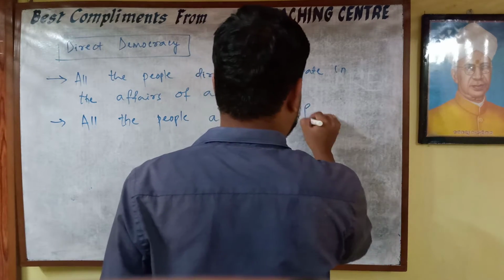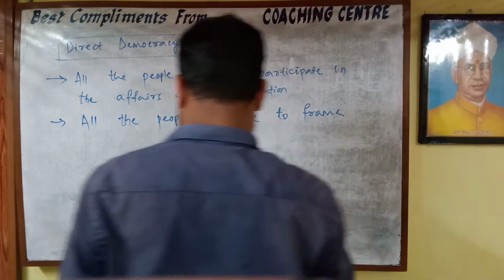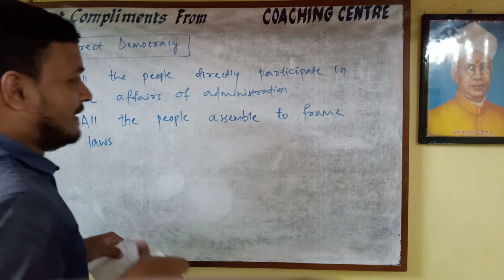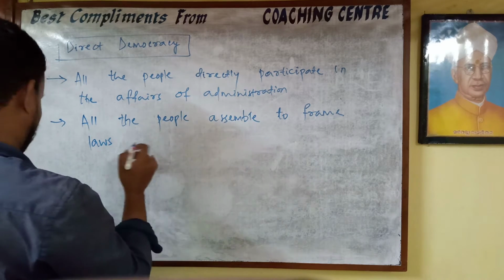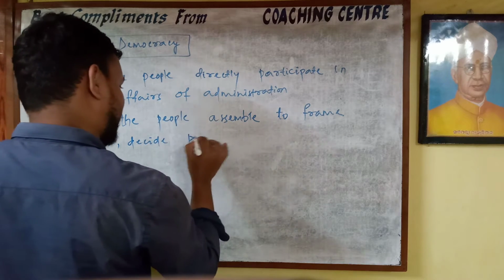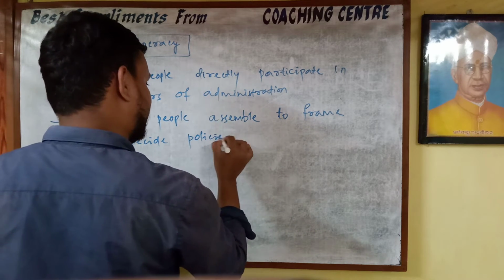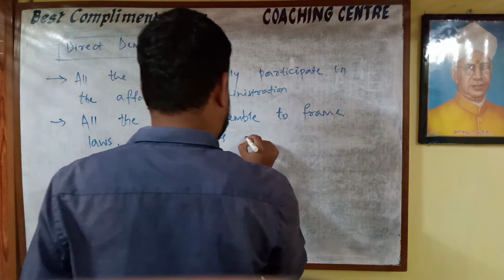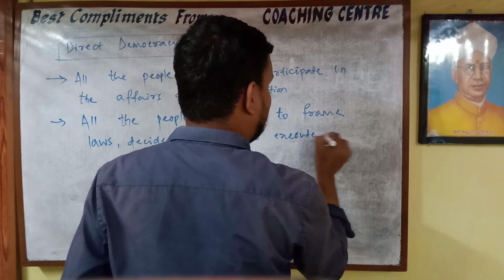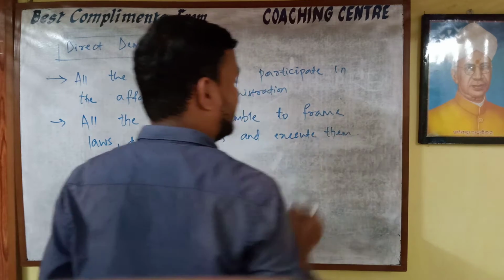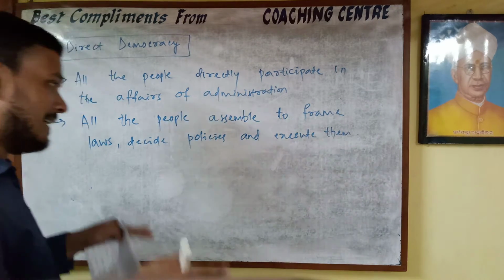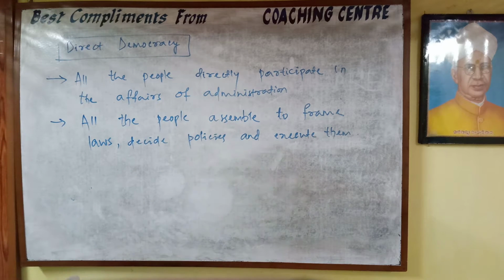To frame laws, decide government policies, and execute them. How to execute them, they will discuss that also. So we can say the people are the legislative, they are the executive. Are you getting my point?